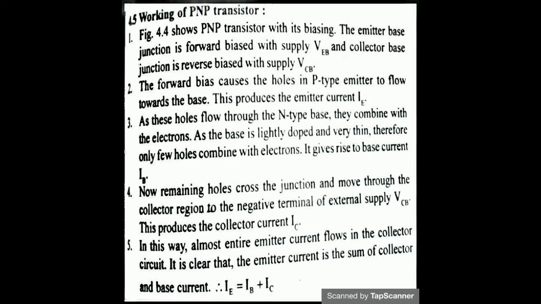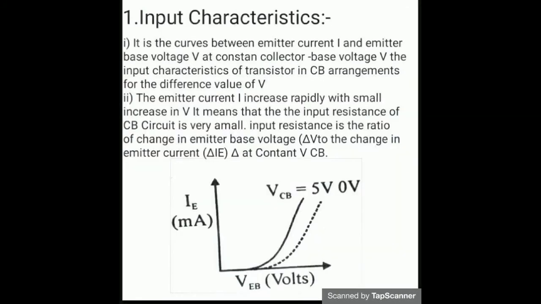This produces the emitter current as these holes flow through the N-type base. They combine with the electrons, but as the base is lightly doped and very thin, only a few holes combine with electrons. It gives rise to a base current. Now the remaining holes cross the junction and move through the collector.